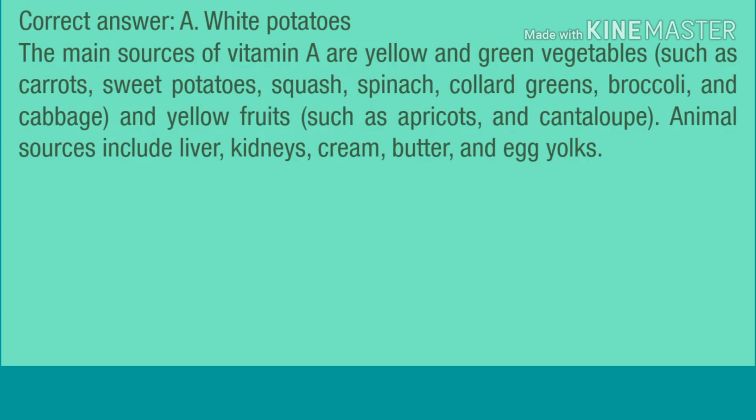The main sources of vitamin A are yellow and green vegetables, such as carrots, sweet potatoes, squash, spinach, collard greens, broccoli, and cabbage, and yellow fruits, such as apricots and cantaloupe. Animal sources include liver, kidneys, cream, butter, and egg yolks.